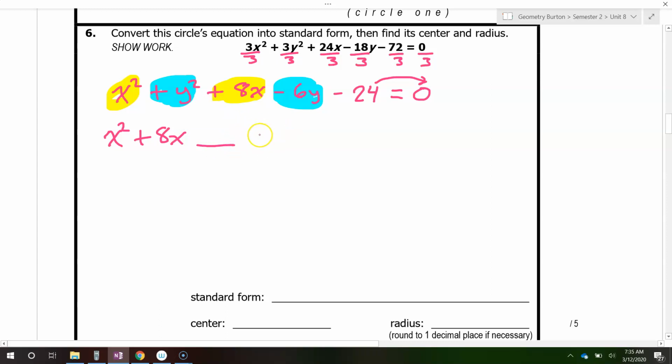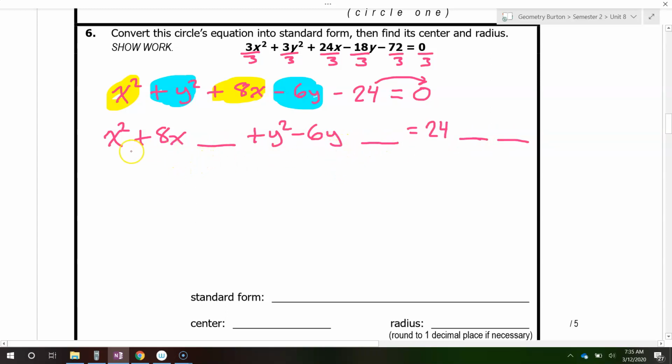And then I'm going to have plus y squared minus 6y. I'm going to leave another space. And then I'm going to have 24. It's going to actually be a positive 24 because I'm adding 24 to both sides. So this will be a positive 24. And then I'm going to need two spaces over here to match these two spaces.